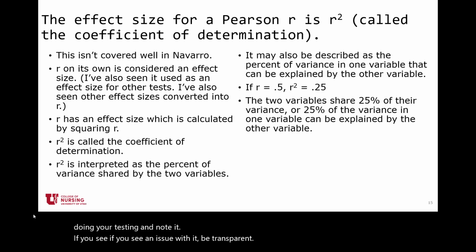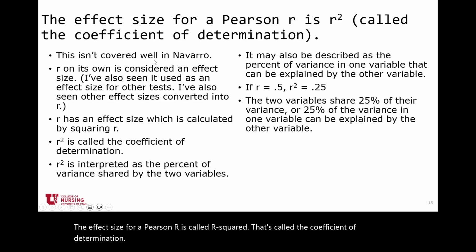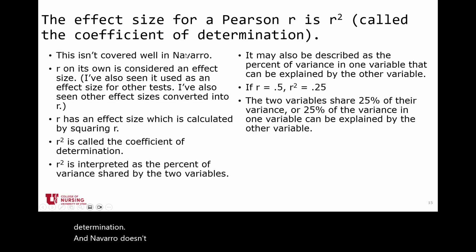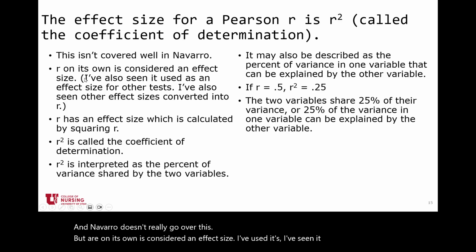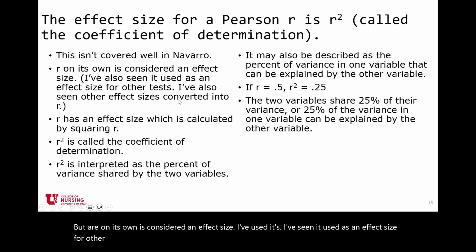The effect size for a Pearson r is called r squared. That's called the coefficient of determination. And Navarro doesn't really go over this, but r on its own is considered an effect size. I've seen it used as an effect size for other tests, and I've also seen other effect sizes converted to r when they're doing some things using effect sizes.